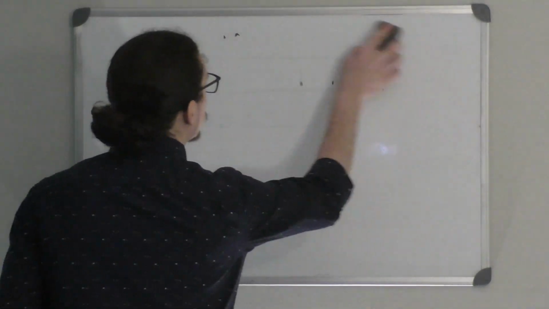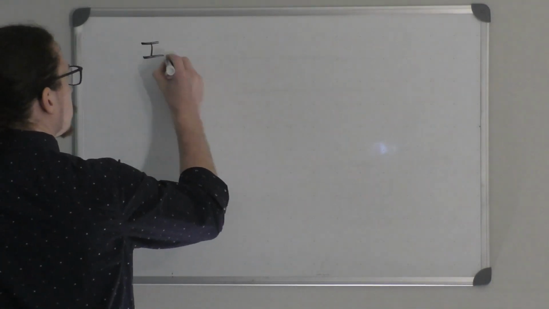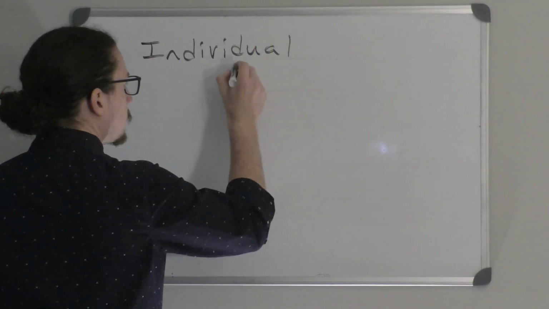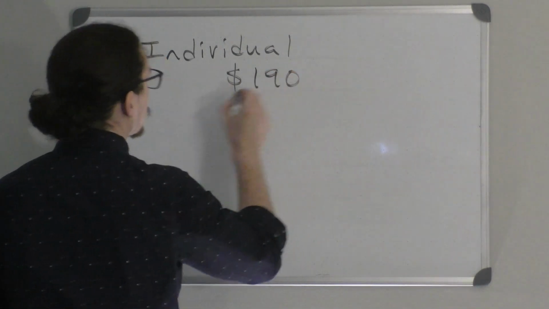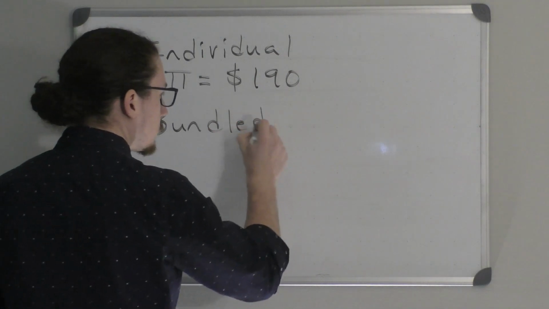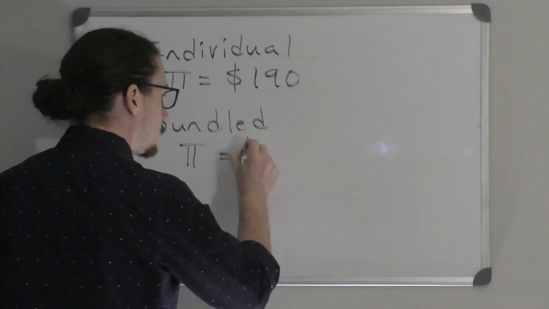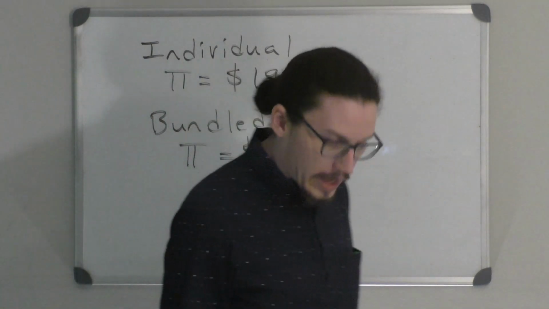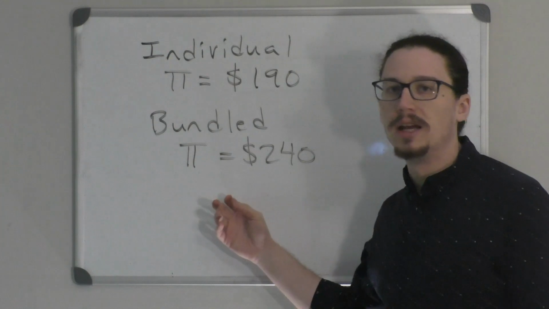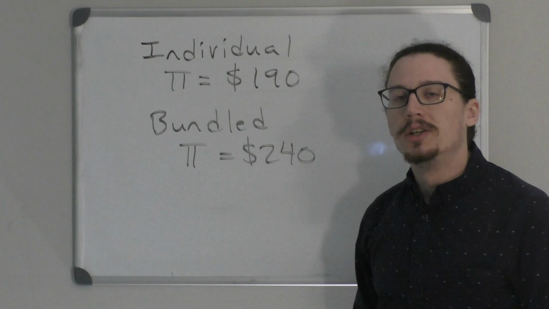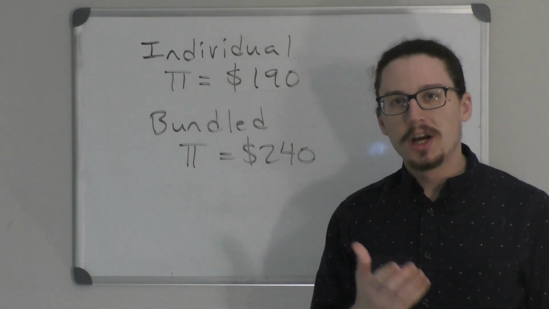So Microsoft is going to sell Office at $120. All right, so this is where I actually get to my point.